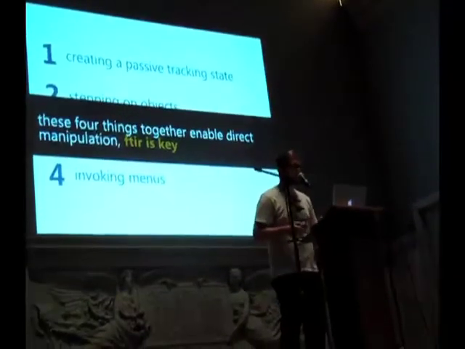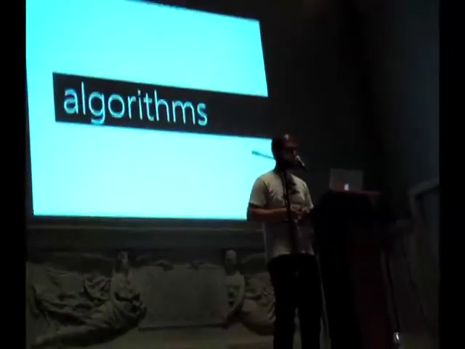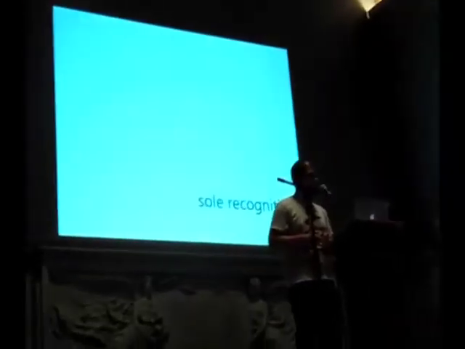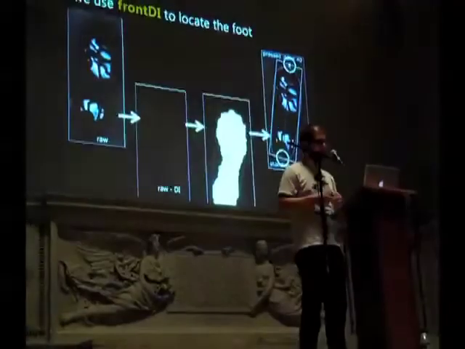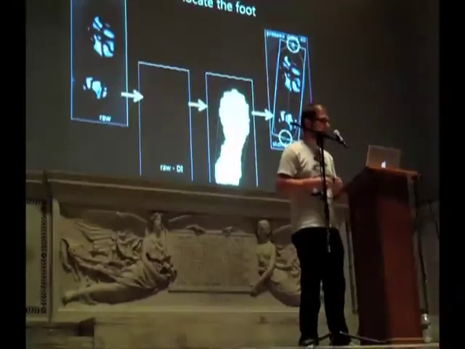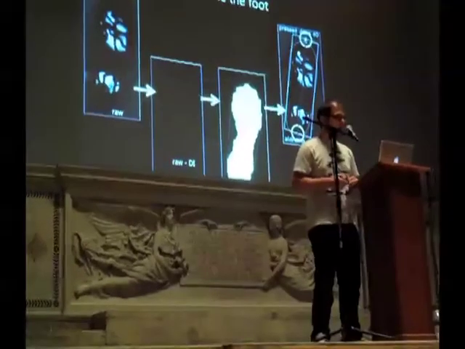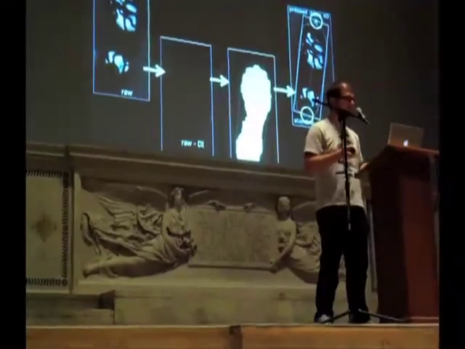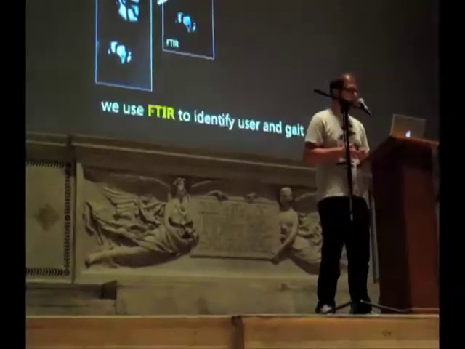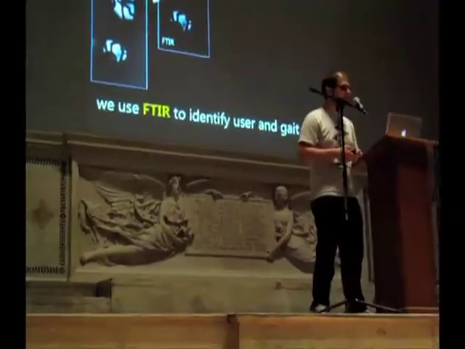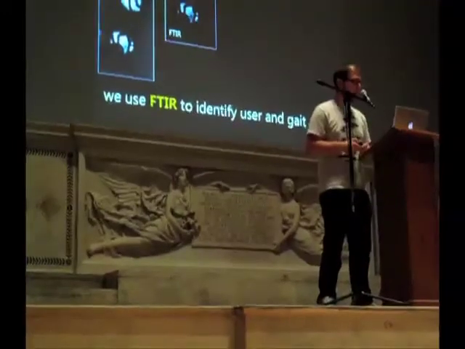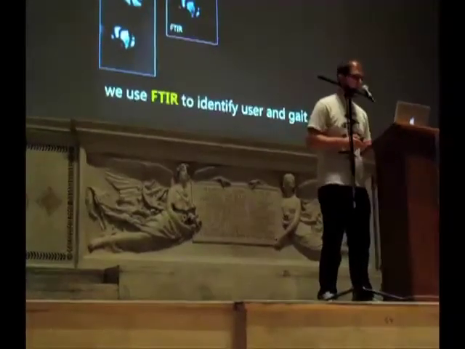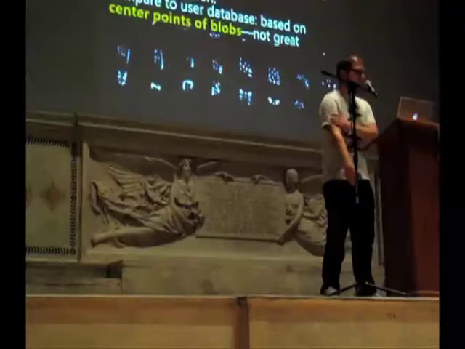So, let's quickly go through some of the algorithms that we use. For sole recognition, we currently use FTIR and FTIR-less Frustrated combined. And we first use it to find out where the shoe actually is. And then we threshold out the FTIR part and use that for user identification.